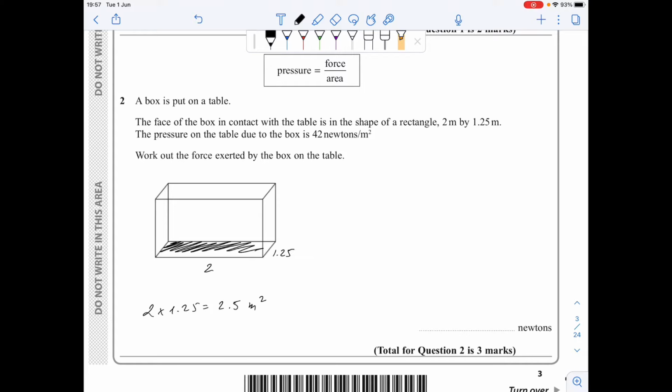Then, to find the force exerted by the box on the table, I will rearrange the formula. Pressure equals force over area, to get the force on its own, force is equal to pressure times area. So in our case, it's 42 times 2.5, which comes out to be 105 newtons.